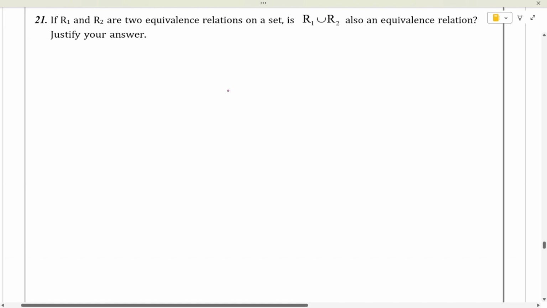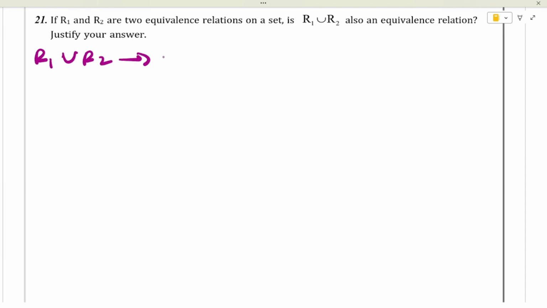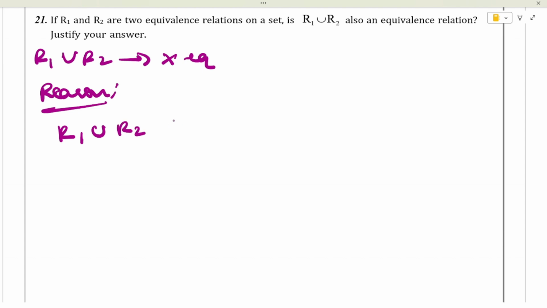Next is about the equivalence relation on set R1 union R2. R1 union R2 cannot be an equivalence relation. Why? Because the reason is that if you take R1 union R2, it is reflexive and it is symmetric also.